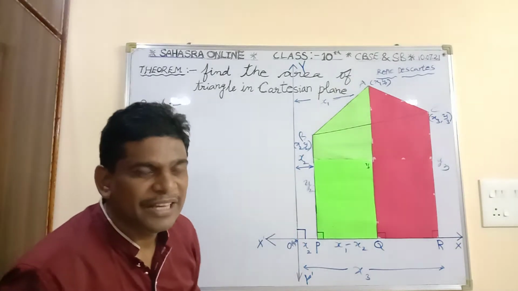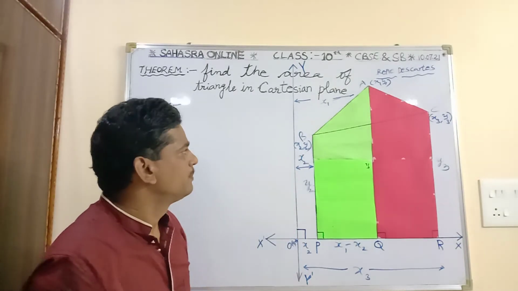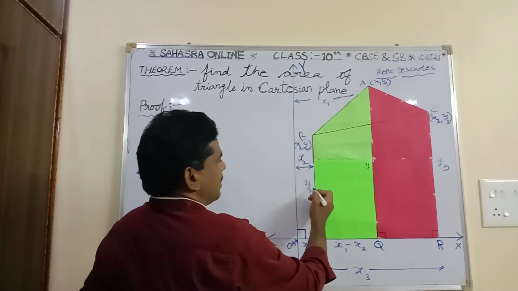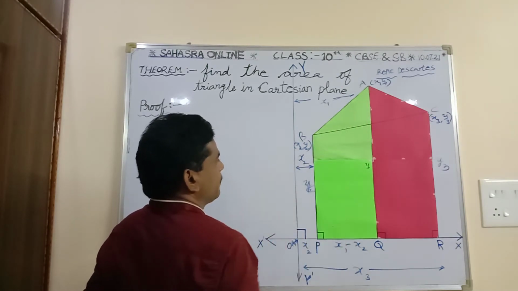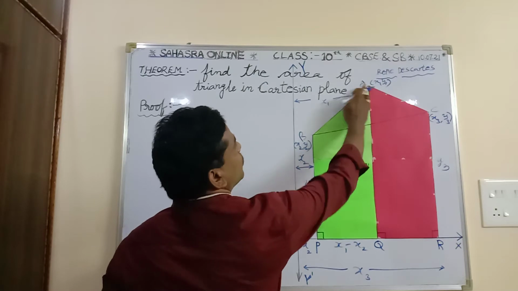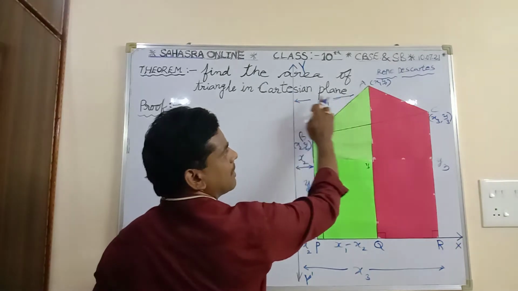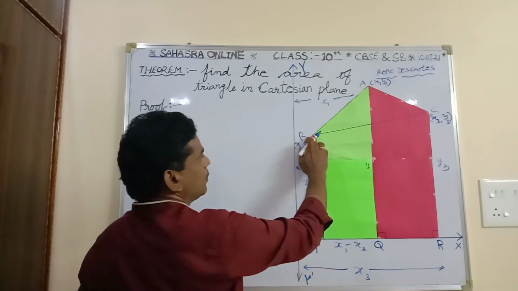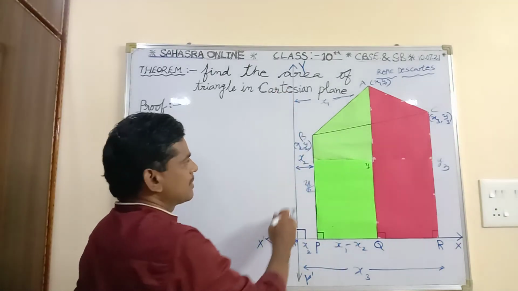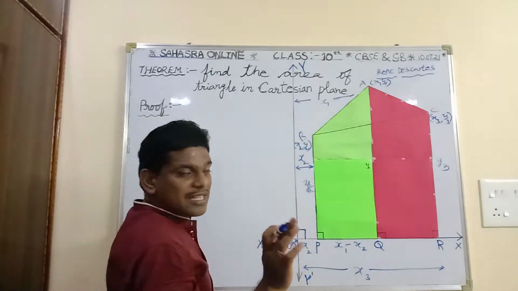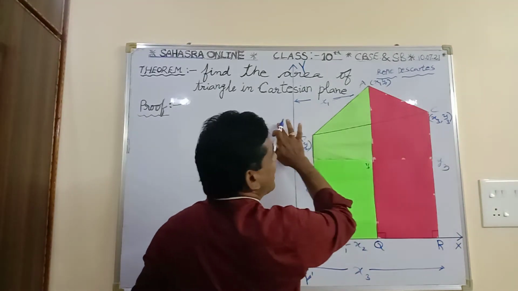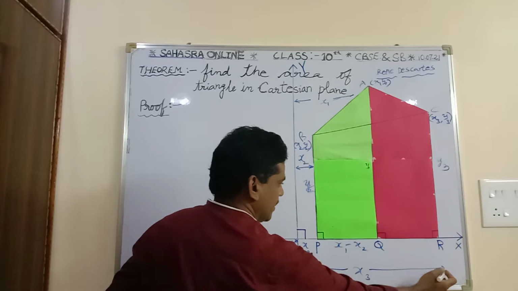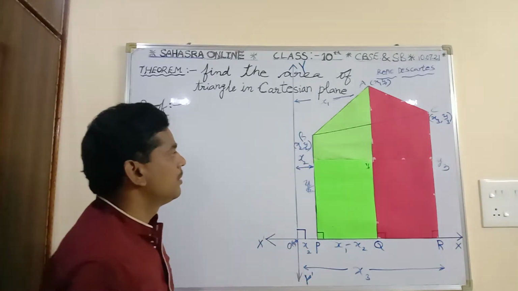Before finding the area of trapezium, some measurements are listed below. The distance from A to y-axis is called x-coordinate, x1. The distance from B to y-axis is known as x2. The distance from C to y-axis is x-coordinate, that is x3. Yes, written here.